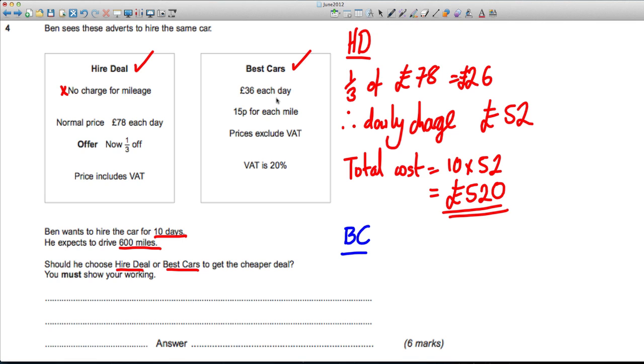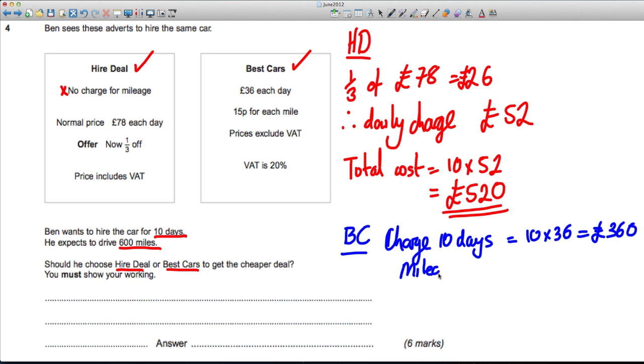Best Cars. It's £36 a day, 15p per mile. The price excludes VAT. Okay, so firstly, let's work out the daily charge. So, charge for 10 days would be equal to 10 multiplied by 36, which would be £360. The mileage, how much would the mileage cost?